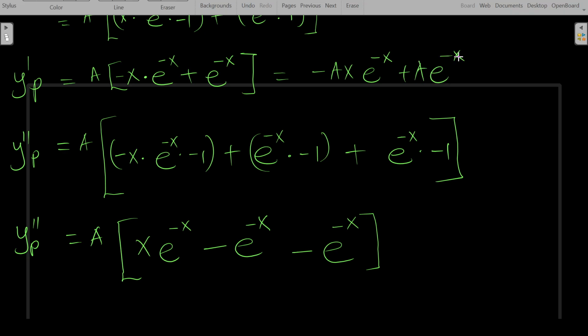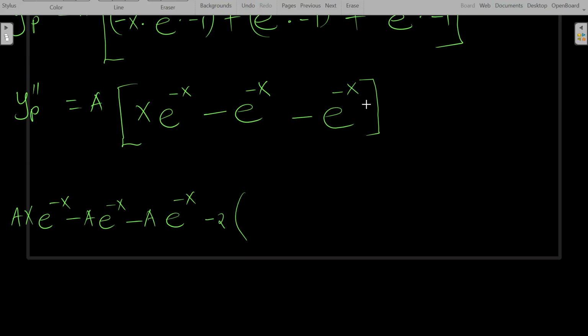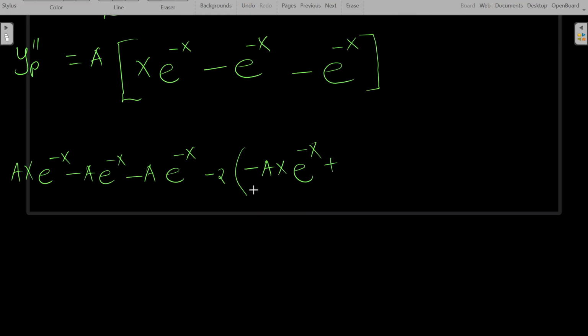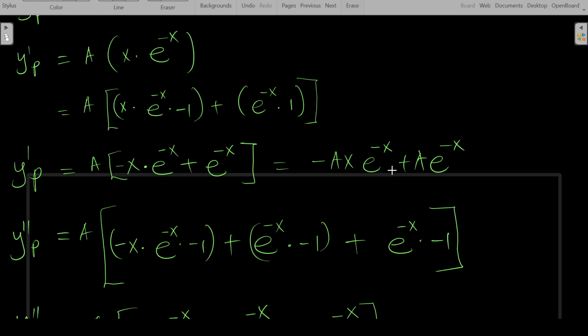So that's my clean. So it will be negative ax e raised to negative x plus a e raised to negative x. Okay, so that's what we have there.